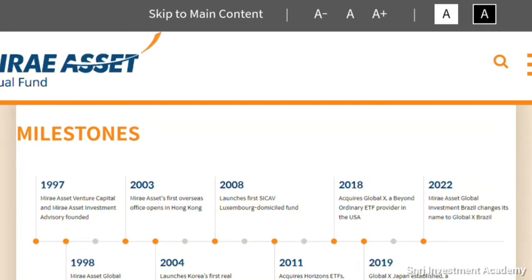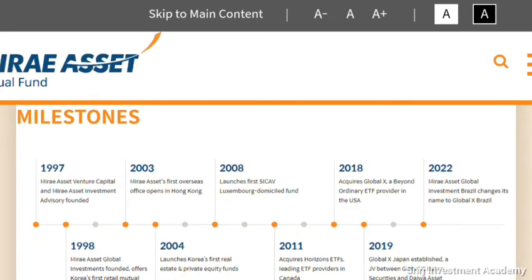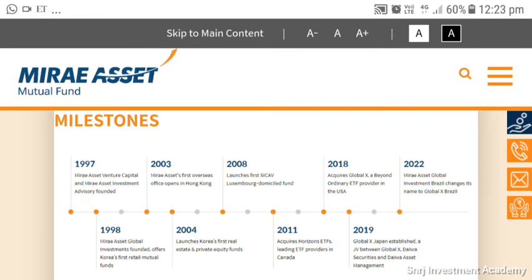These are the major milestones of this fund house and how their journey started. From 1997 they started their journey, and up to 2019 there were many milestones. So overall the fund house belongs to a major multinational company, and they have a global presence.